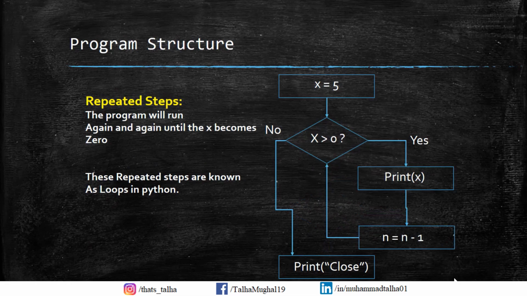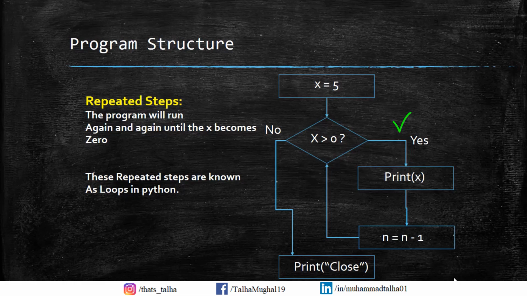In repeated steps, the program will run again and again until x becomes 0. By x becoming 0, I mean until it satisfies a certain condition that we define in our program. For example, we have assigned the value of 5 to variable x. Until the value of x is greater than 0, it will follow the path on the right side.